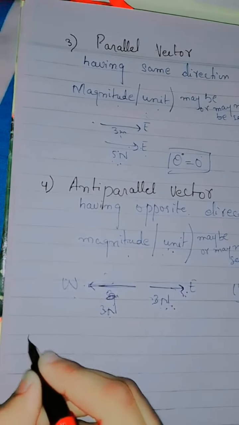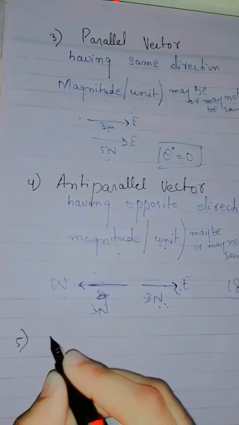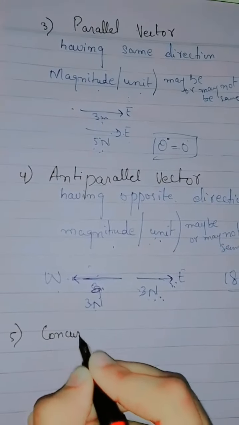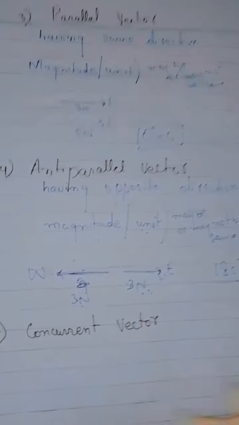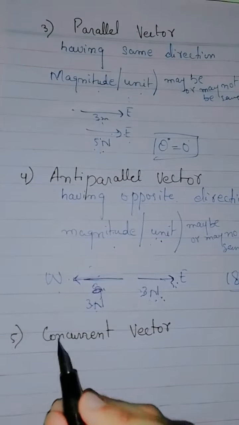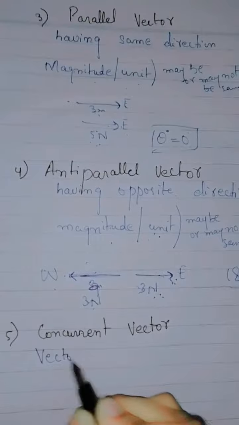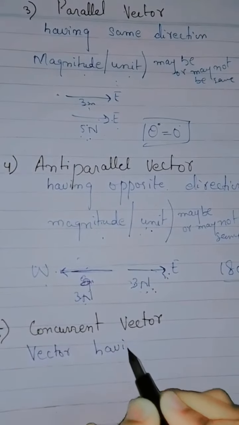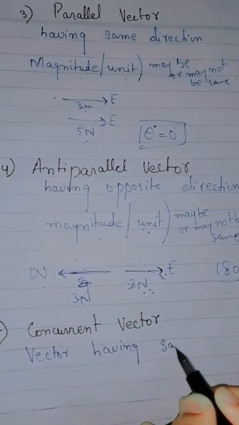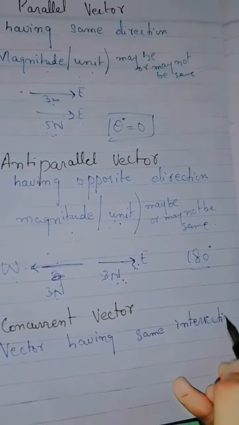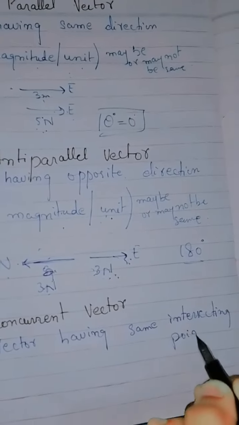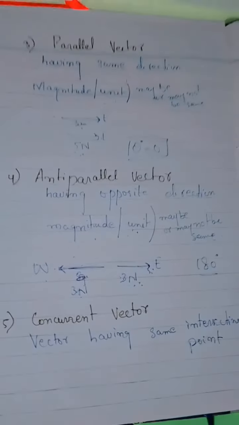Now the fifth vector, that is concurrent vector. What is concurrent vector? The vectors having the same intersecting point. The vectors can be 2 or more than 2.